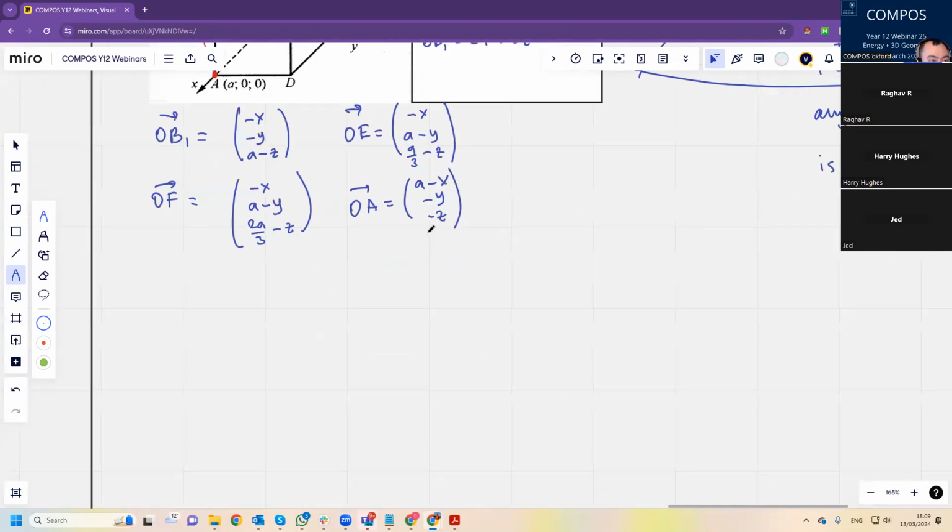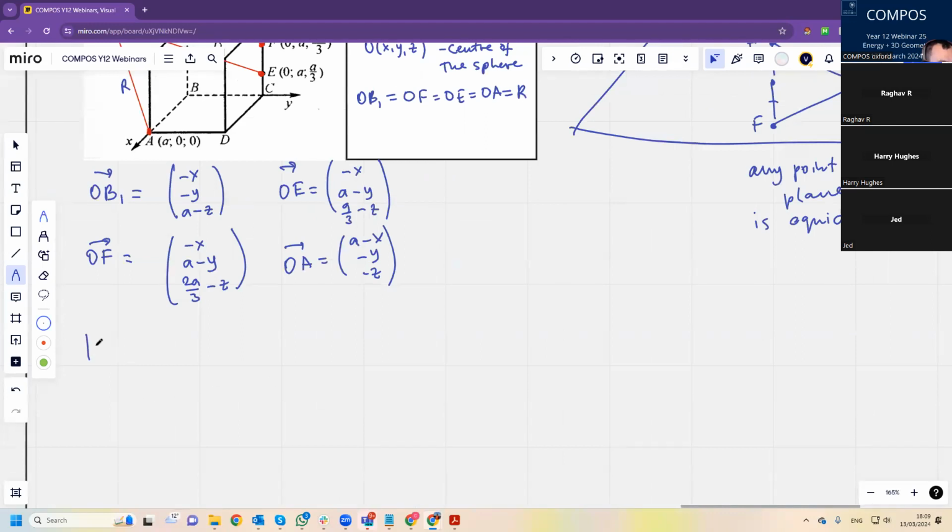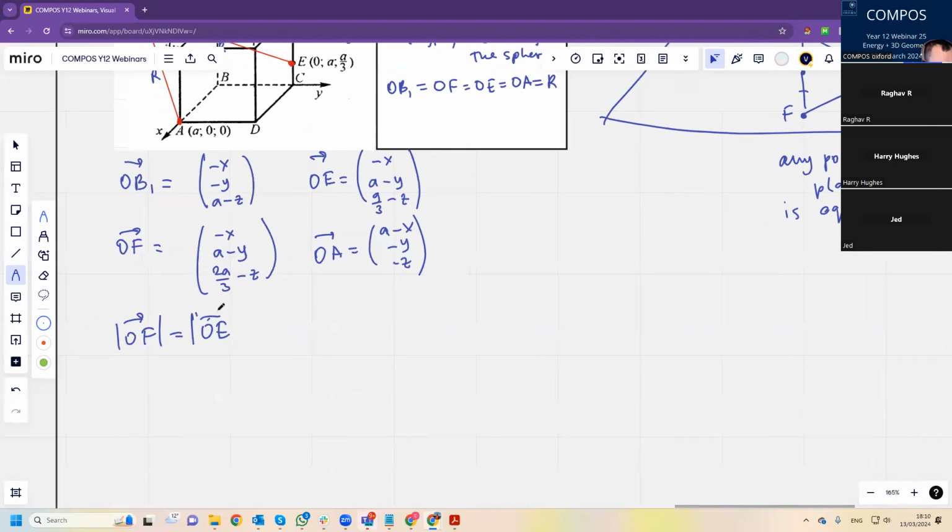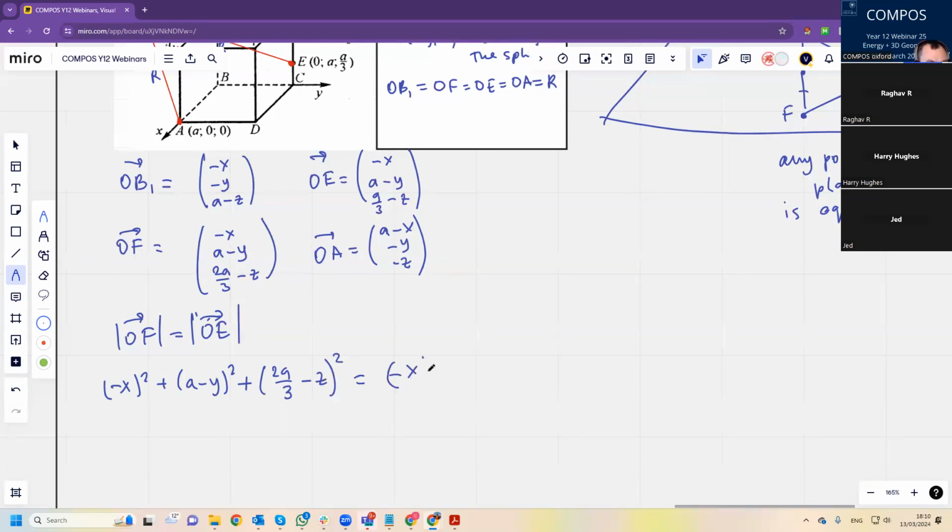I'm going to equate them. So OF is equal to OE, and that means minus x squared plus a minus y squared plus 2a over 3 minus z squared equals minus x squared plus a minus y squared plus a over 3 minus z squared.